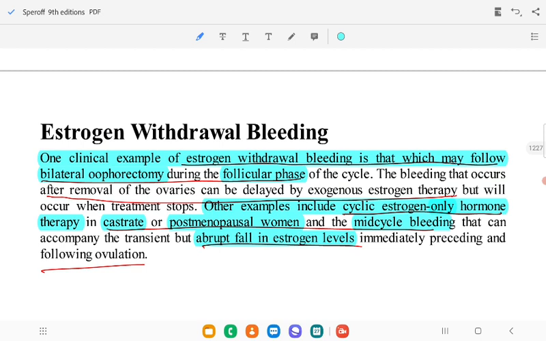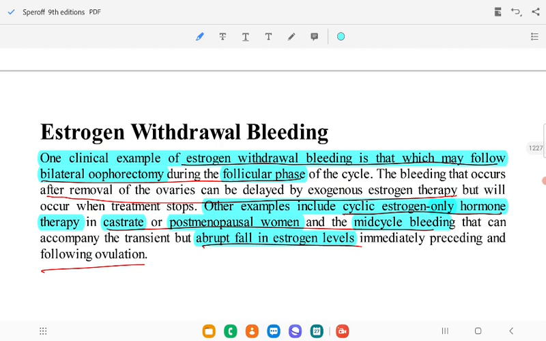Mid-cycle bleeding: what happens before and after ovulation? There is a transient, very short-lived but abrupt fall in estrogen level before and after ovulation, and that leads to mid-cycle bleeding. Remember, these are the three examples of estrogen withdrawal bleeding.